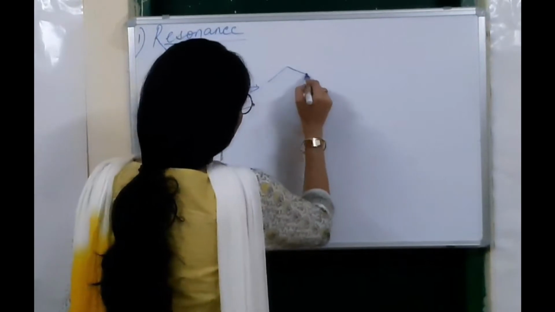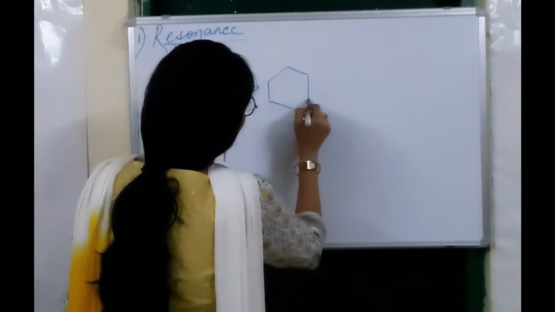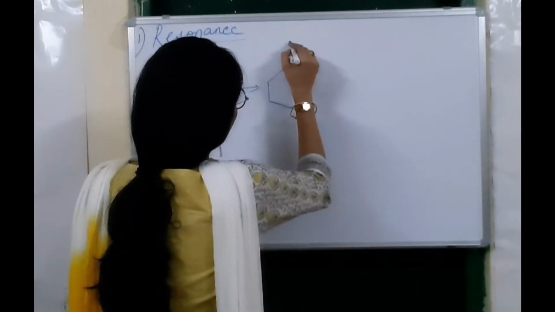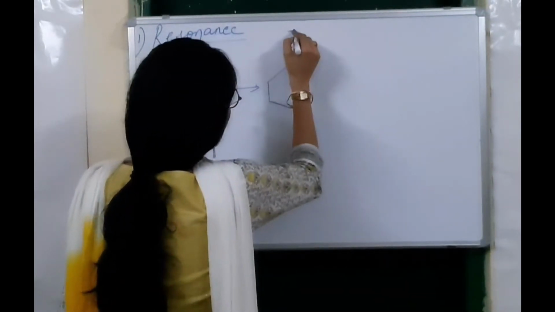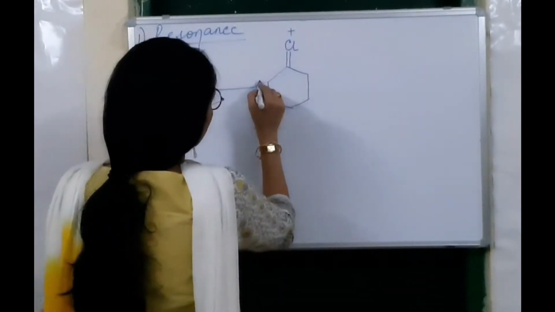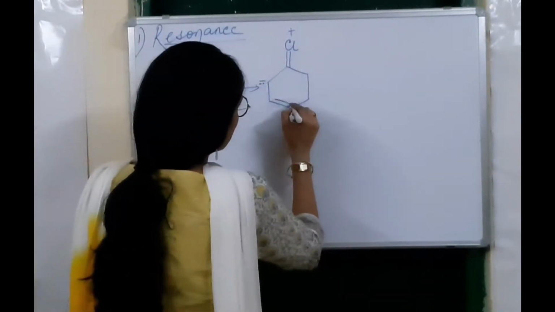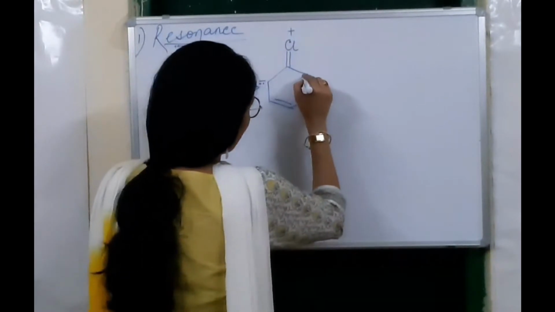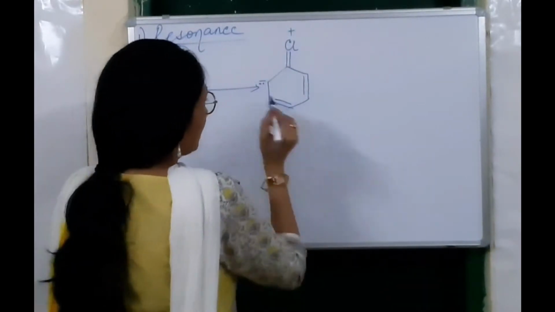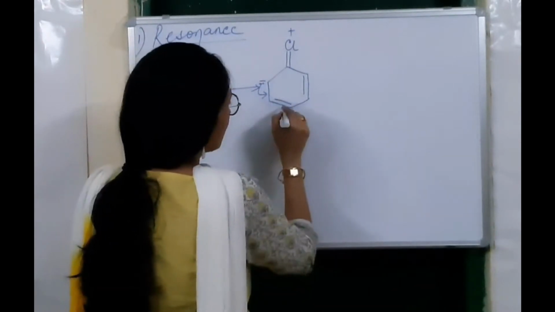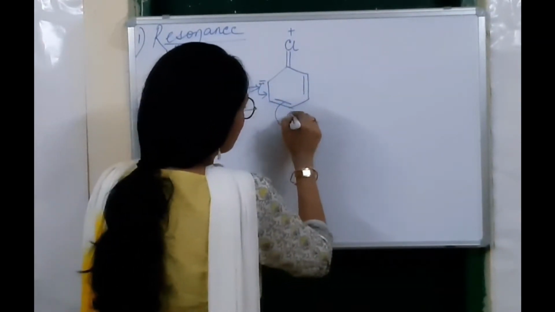So the next structure will be, here there will be a double bond and Cl is plus. Here you have negative charge, this bond intact. Here also this bond. Now next step, what happened? Here it will make a bond and this bond will be broken.